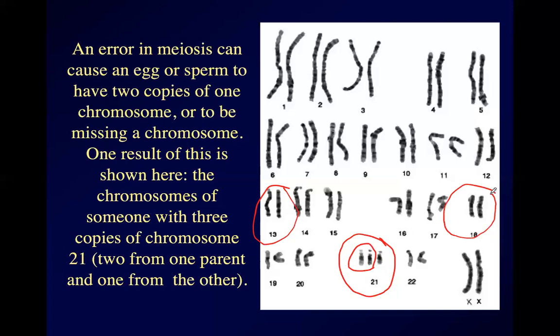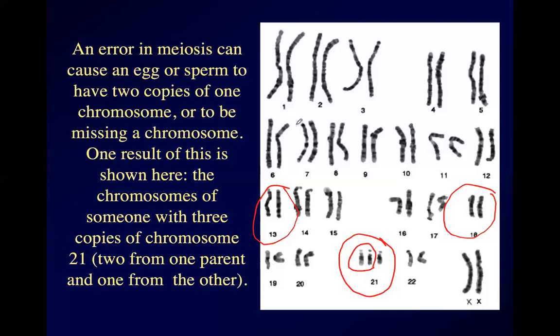They are usually pretty severely physically disabled. A lot of things go wrong, and they usually don't live very long. There's a few cases of them surviving into childhood, but it doesn't happen very often.